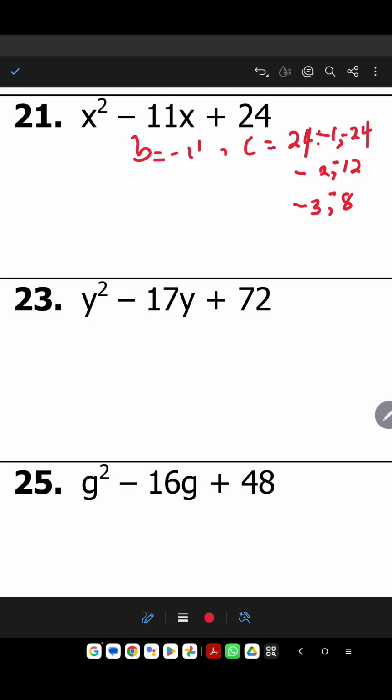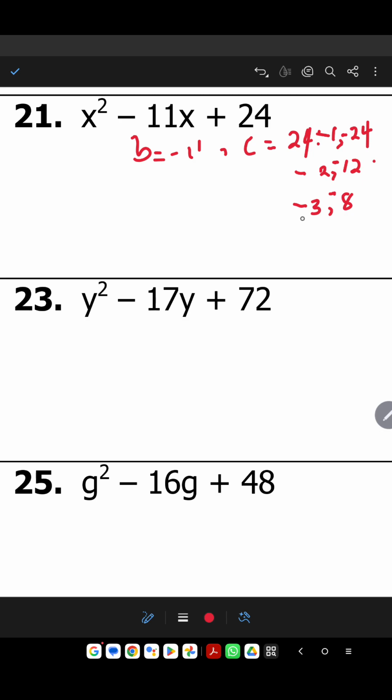But let's add them and see if we will get a negative 11. Negative 2 plus negative 12 will be equal to negative 14. So again, this second pair cannot be used. But let's look at our third. Negative 3 times negative 8 is equal to 24. And a negative 3 plus a negative 8 is equal to negative 11.